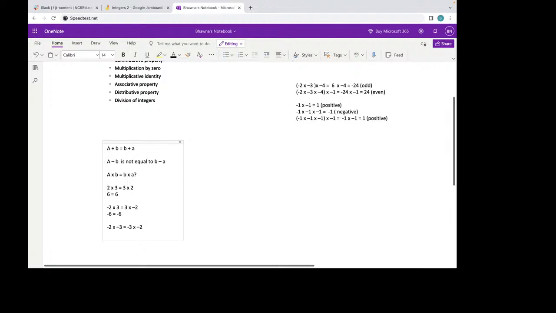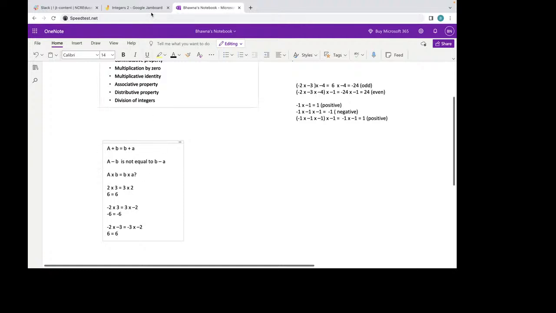When we multiply two negative integers, we get a positive integer. So minus 2 minus 3 is going to be positive 6. 2 times 3 is 6. Again 3 times 2 is 6, and both are going to be positive because we are multiplying two negative integers. So yes, all of these cases have proved that a multiply b is equal to b multiply a.